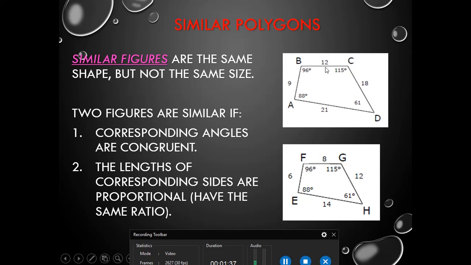So when I compare side BC, which is 12, to FG, which is 8, the common factor is 4, and it reduces to 3 to 2. Same here with 18 to 12, common factor of 6, 3 to 2. And for these two sides, 21 and 14, common factor is 7, and they reduce to 3 to 2. So all the angles are exactly the same, and the sides maintain the same proportional ratio.